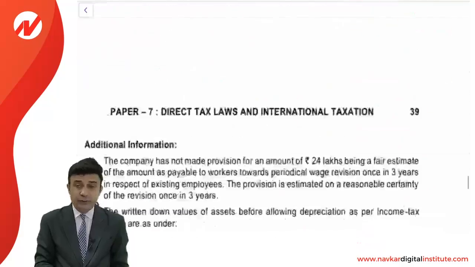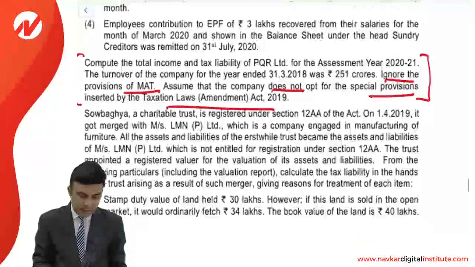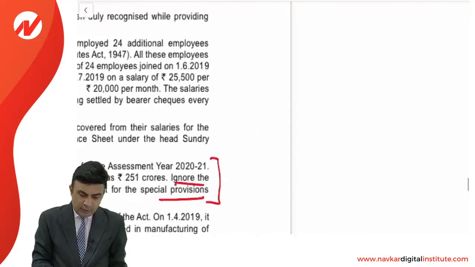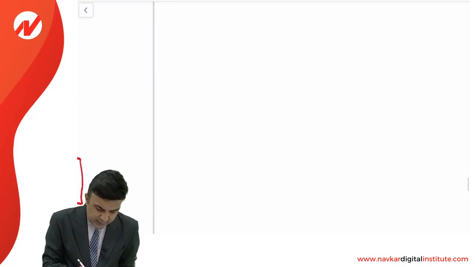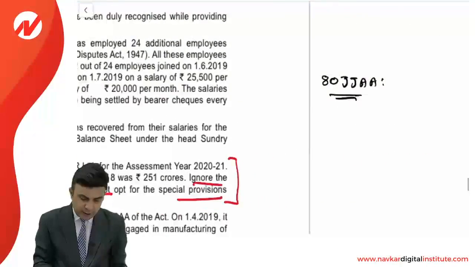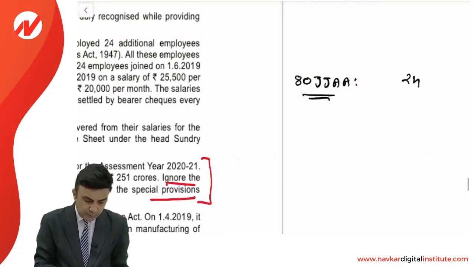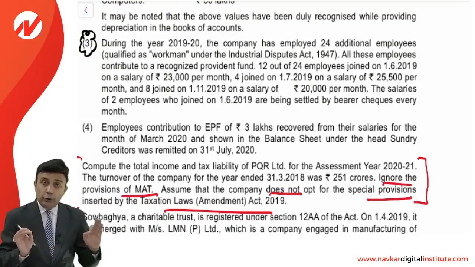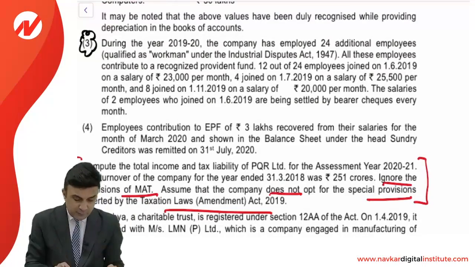So those 150 days limit would be applicable for 80JJAA. Now over here for 80JJAA, they have employed how many employees during the year? You check out 24 employees. Out of these 24 employees, all these employees contribute to recognized provident fund. That means they fulfill the condition.